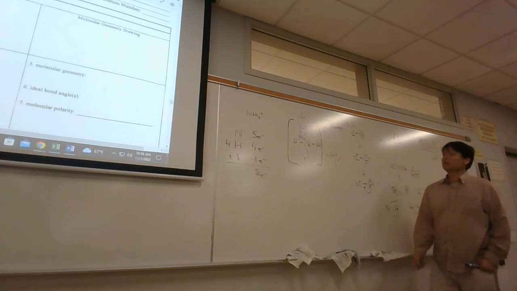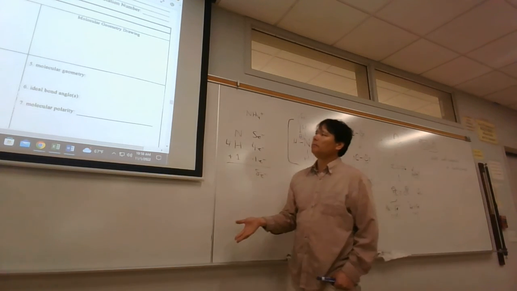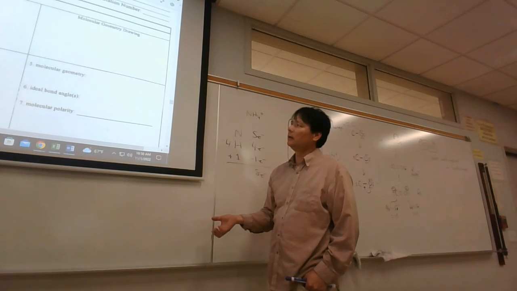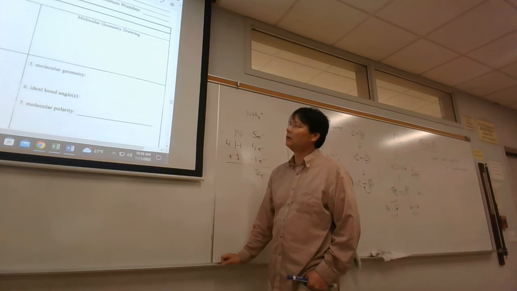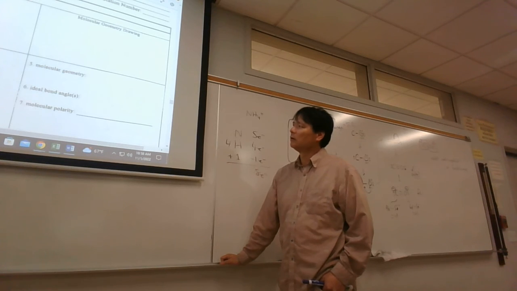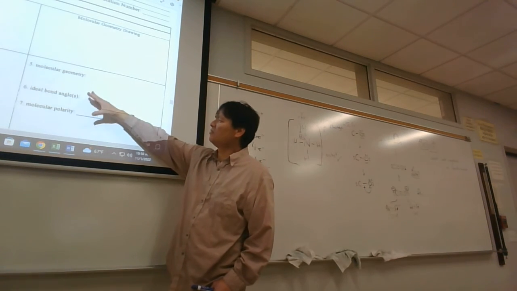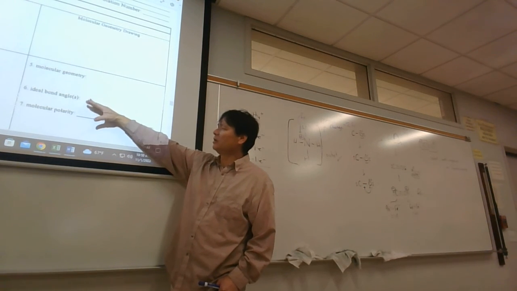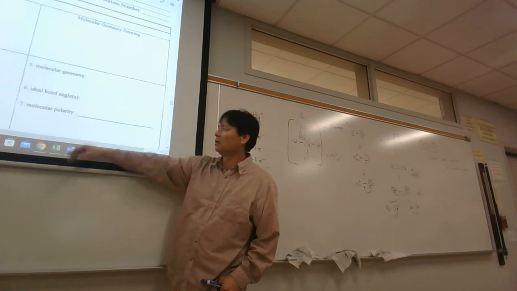Is the bond in ammonia ionic, polar covalent, or non-polar covalent? You can do this on regular paper or in your notebook. You don't have to do it on the sheet here.